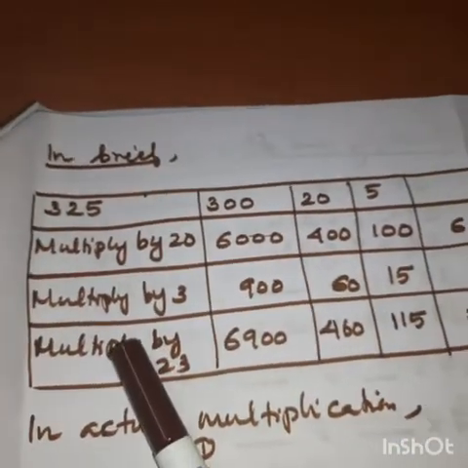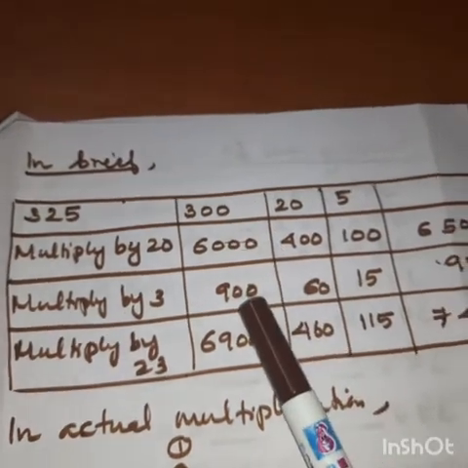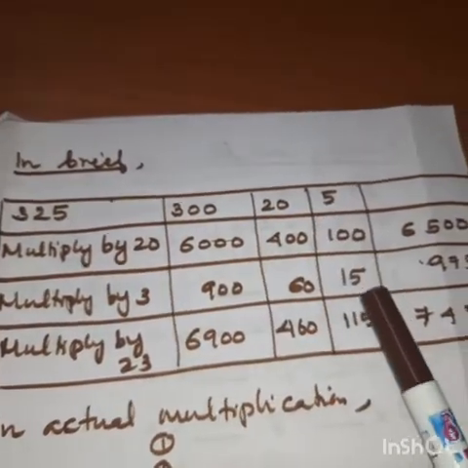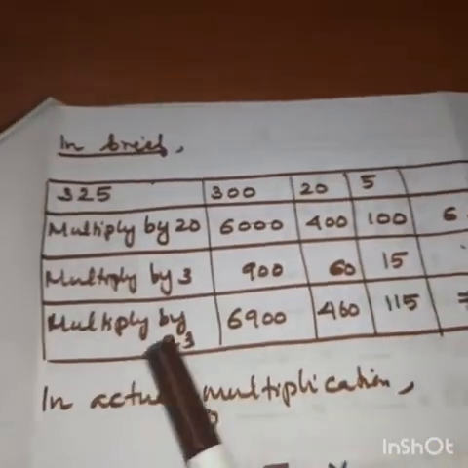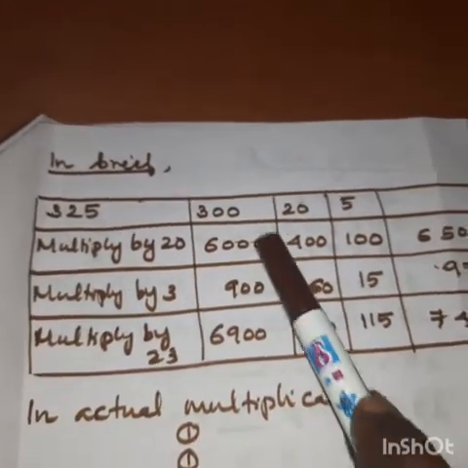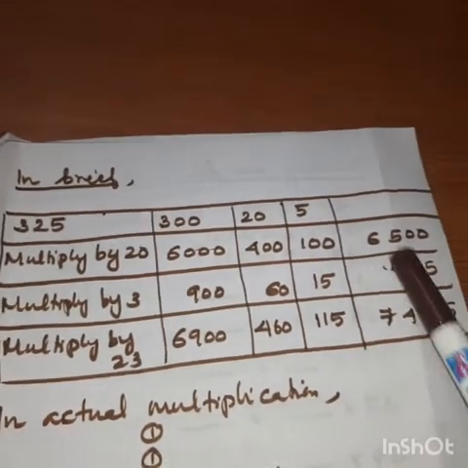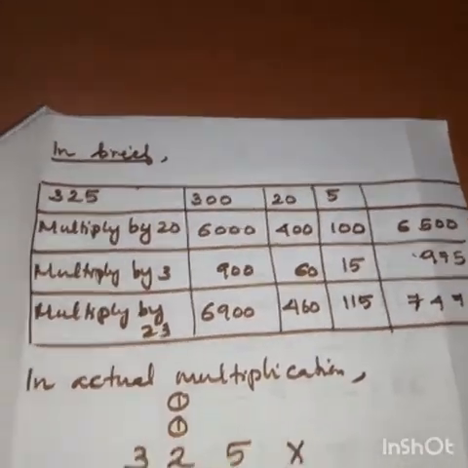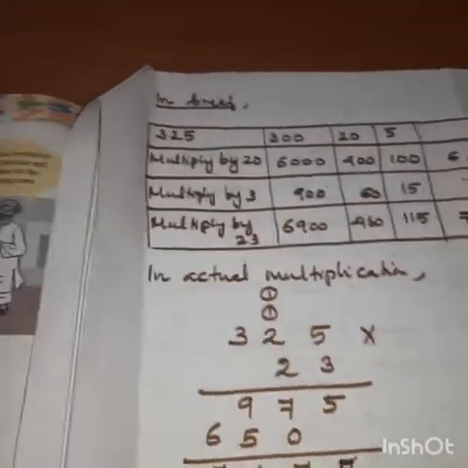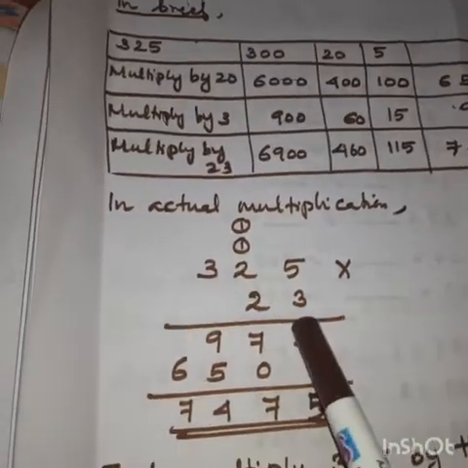Multiplying by 3: 3 into 300, 900; 3 into 20, 60; 3 into 5, 15. Total 975. Multiplying by 23 means adding these two: 6500 and 975. Total is 7475.